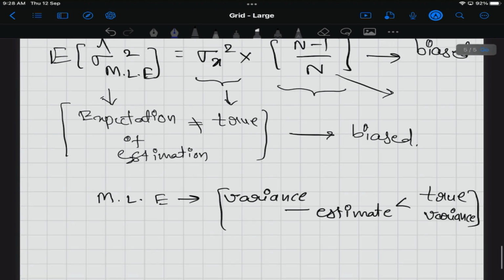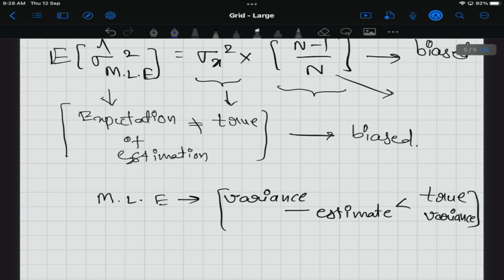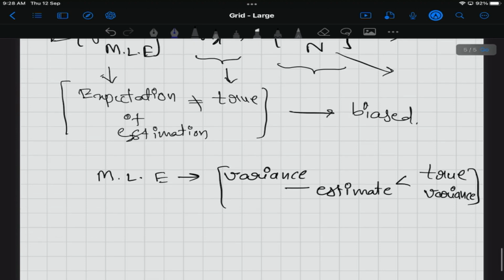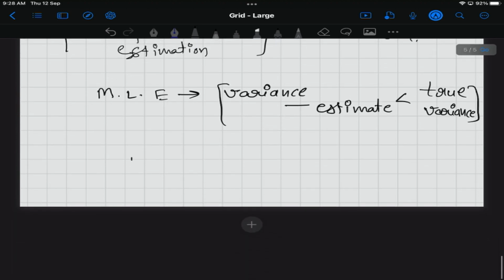And based on this expression, you can also say that your variance estimate is biased. Now I have to do bias correction, so I have to remove this factor term. So what should I do to my estimate?